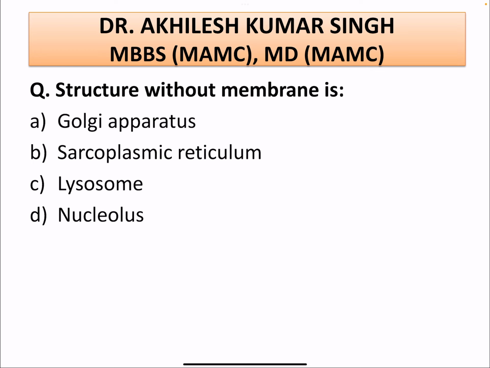Now let us look at another question: structure without membrane. Which of the following do not have the membrane? The Golgi apparatus has the membrane. In the sarcoplasmic reticulum, again the membrane is present.